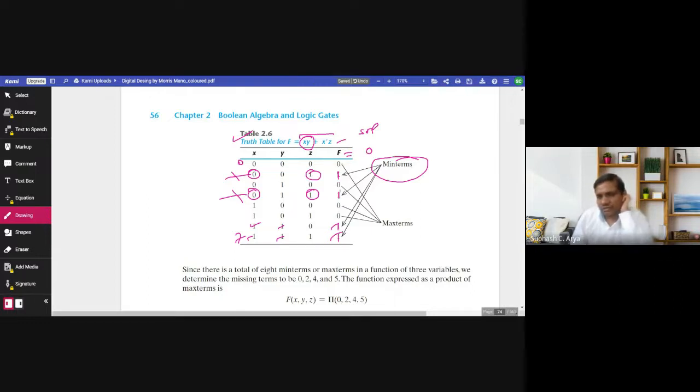These are max terms. That is why the complement, the places left wherever f is equal to 1, the left ones are zeros. So these are called max terms. So now if we want to write the expression of the same function in terms of max terms, we can write, sorry, pi 0 2 4 5.